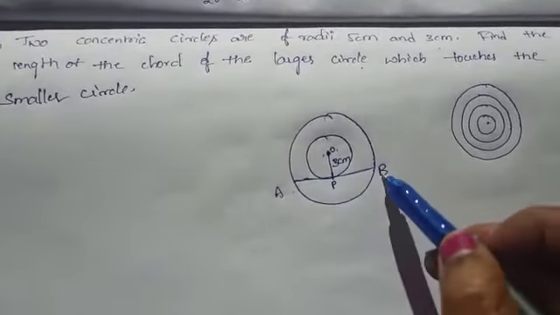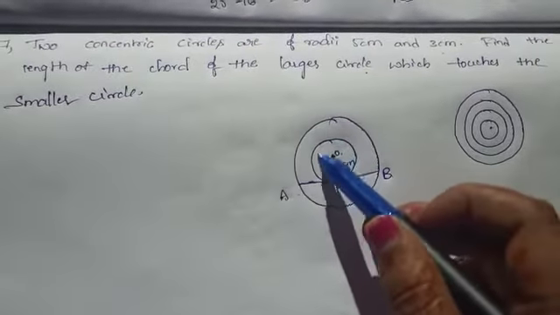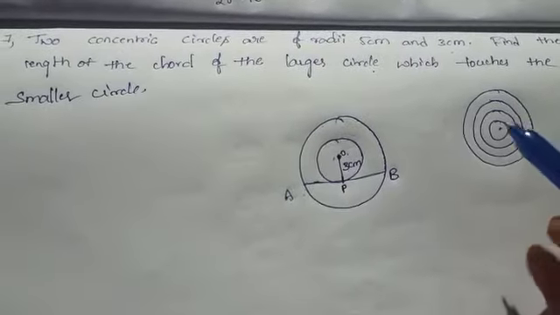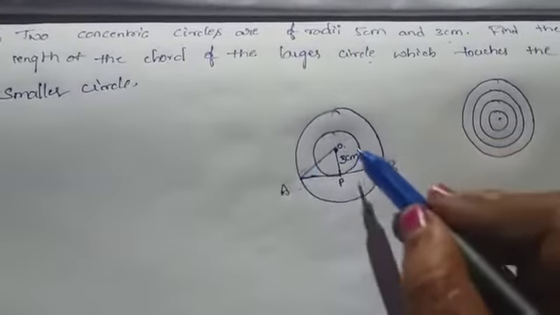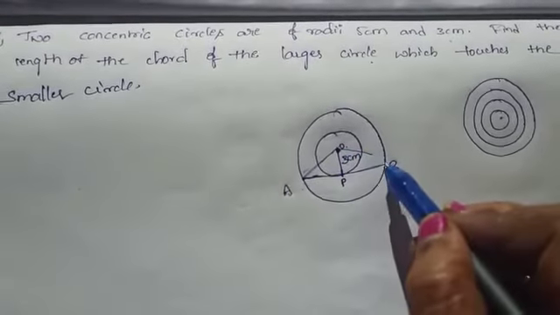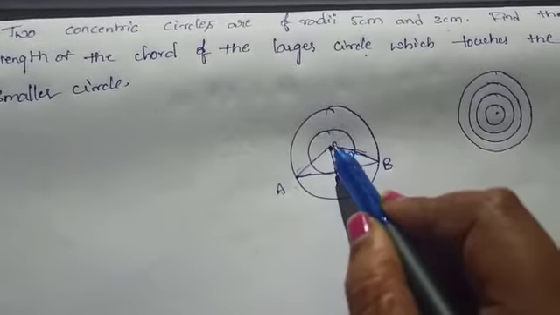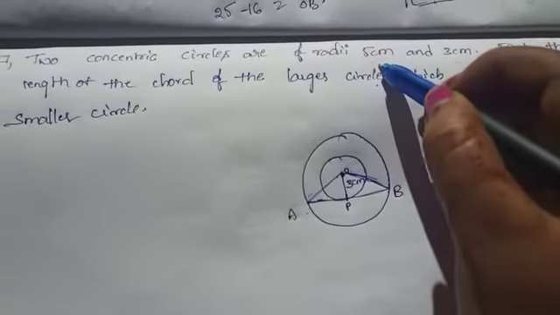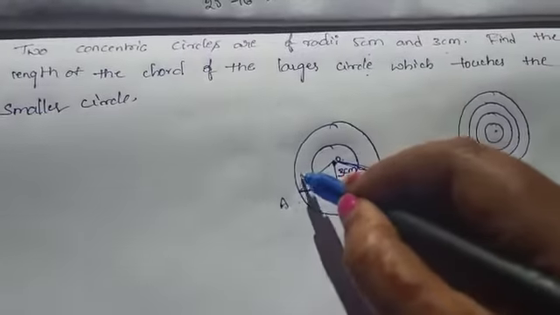AB is tangent of the smaller circle, touches the circle at P, and join OA, OB. OA and OB are radii of the larger circle. Here given the radius of the larger circle is 5 centimeters.